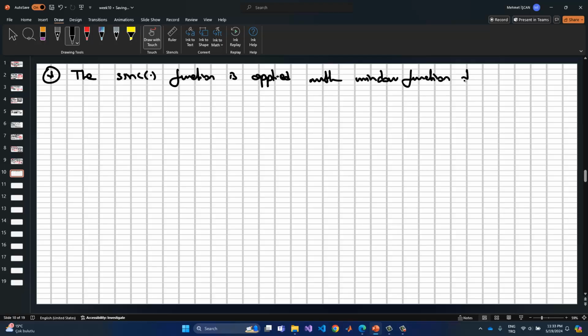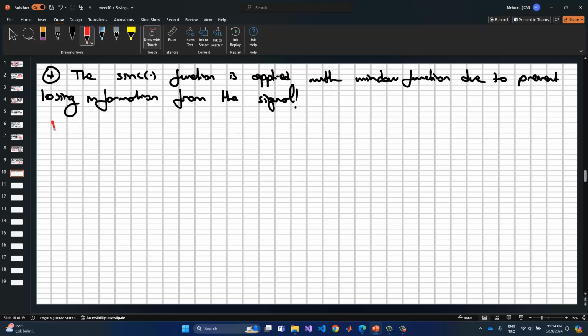The reason is to prevent losing information from the signal. And so what's the case of these terms?